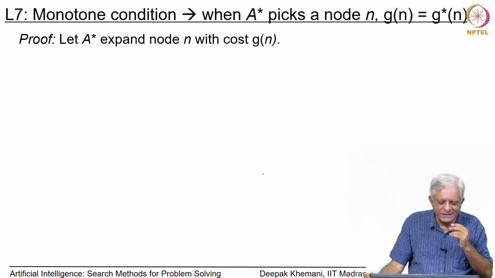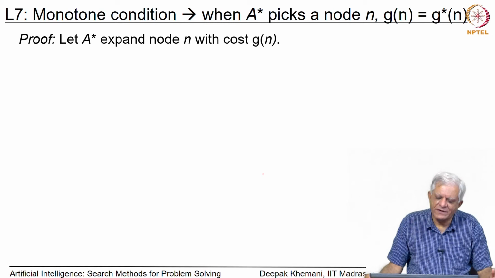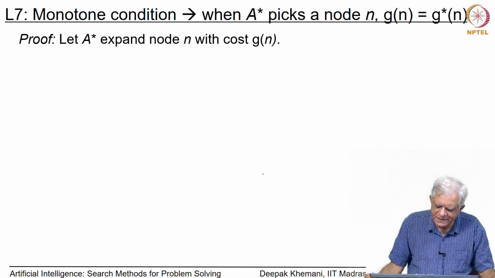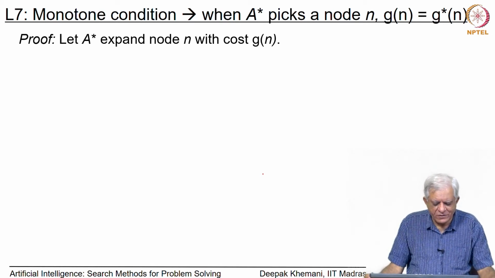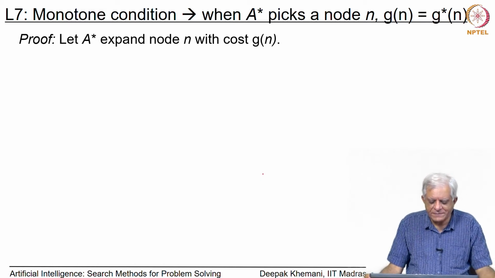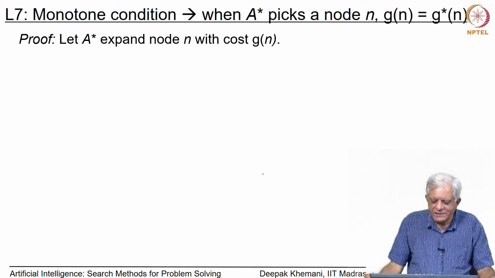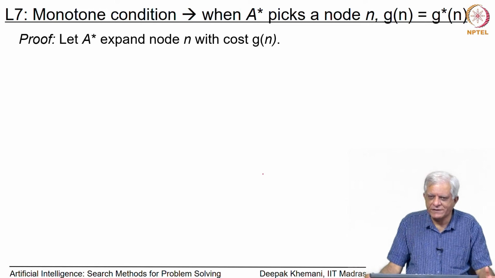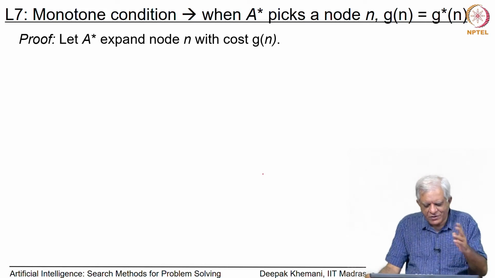So, let us prove this thing, and we will prove it by negation, by contradiction. Let A star expand the node n with a cost g of n. We have not made any statement about what the cost is, we are not saying that it is optimal at this stage, some cost g of n.